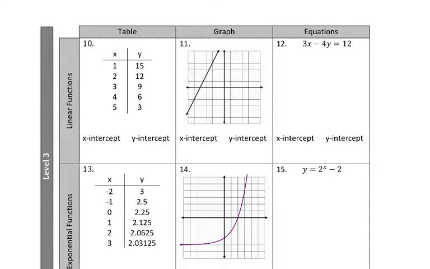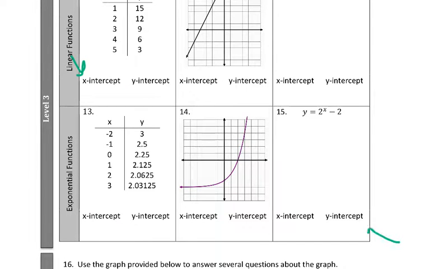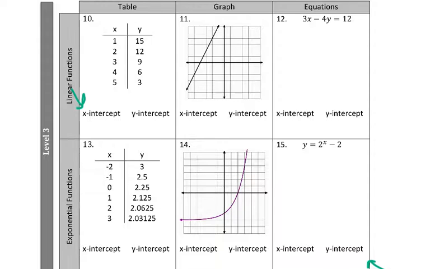My X-Intercept. We said that we're just going to assume that the table is continuous, like it's continuing in both directions, so we're just going to have to do a little bit of thinking here. I want to answer this X-intercept here, and this Y-intercept here. For the X-intercept, I need to find where the Y column would be 0.